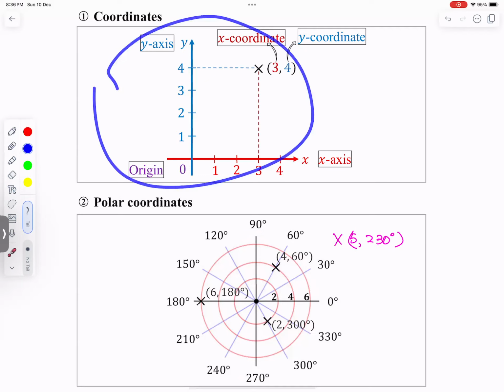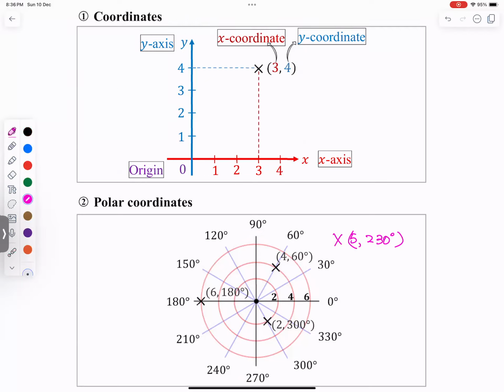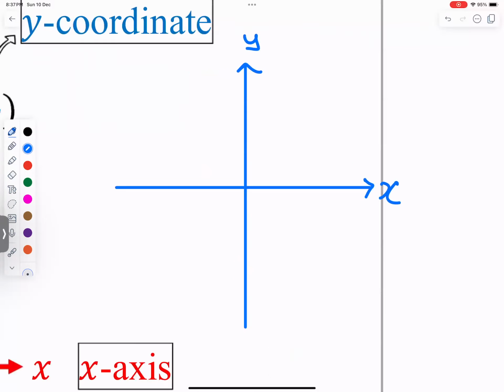As for the rectangular coordinates, the normal coordinates, we use X and Y to represent. And then before we continue, you need to make sure that you know where is which thing. So if this is your rectangular coordinate, this is origin.